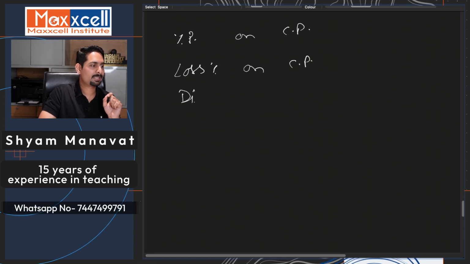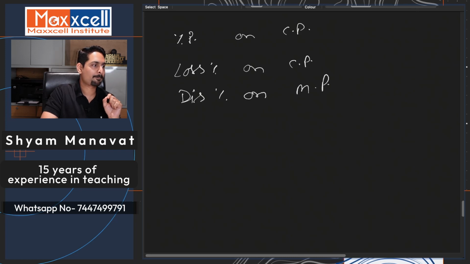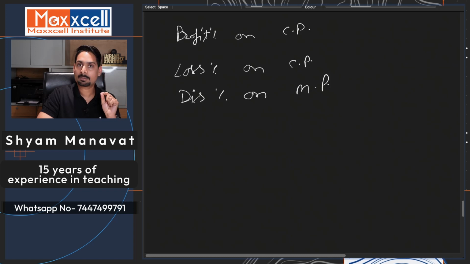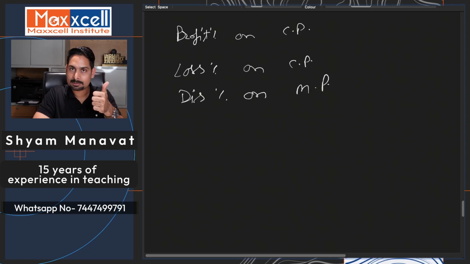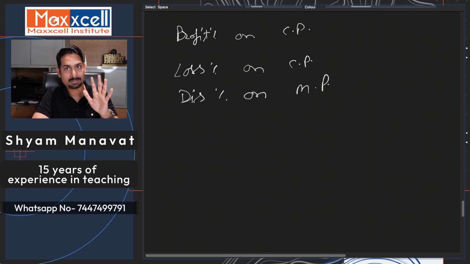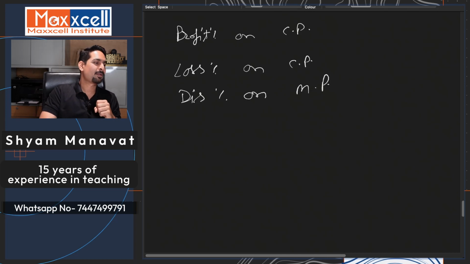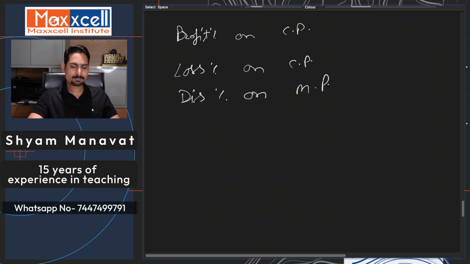Discount percent we calculate on mark price. Profit on cost price, loss on cost price, discount on mark price. Remember this. It will help you a lot and help you not to get confused. So this is it in today's video.